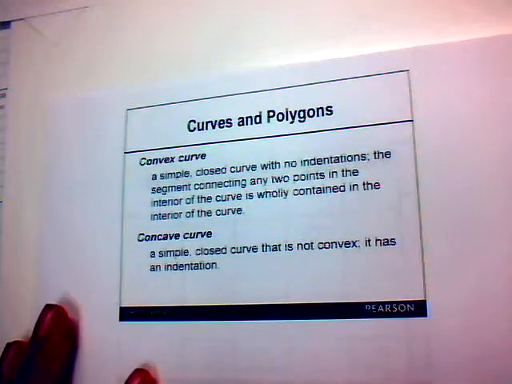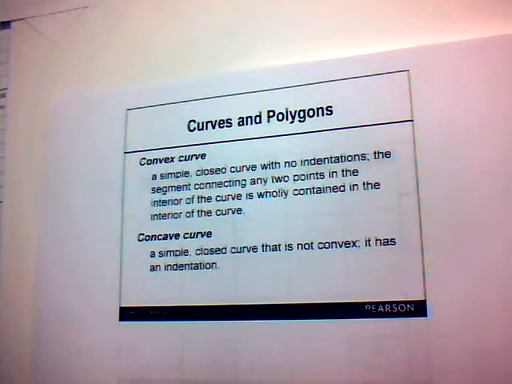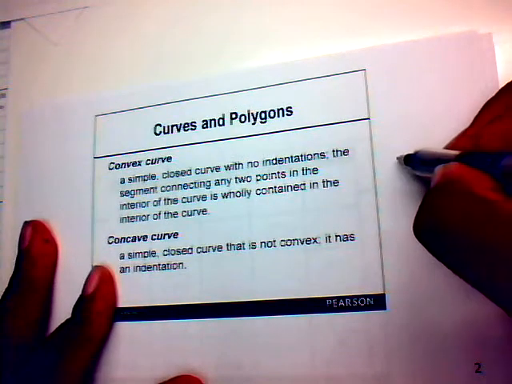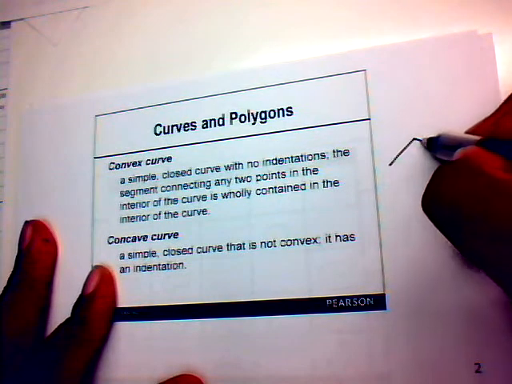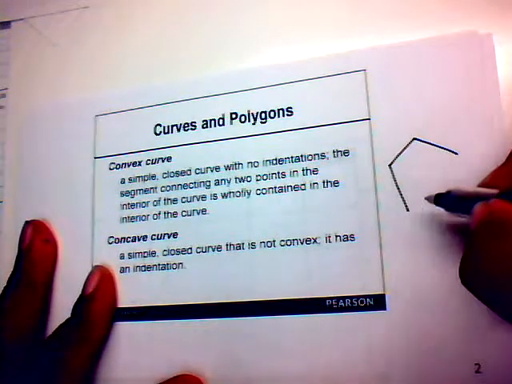A convex curve is a simple closed curve with no indentations, meaning that the segment connecting any 2 points in the interior of the curve is wholly contained in the interior of that curve. So I'll give you an example of a convex curve.